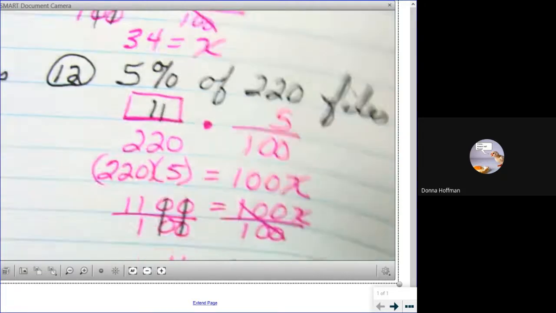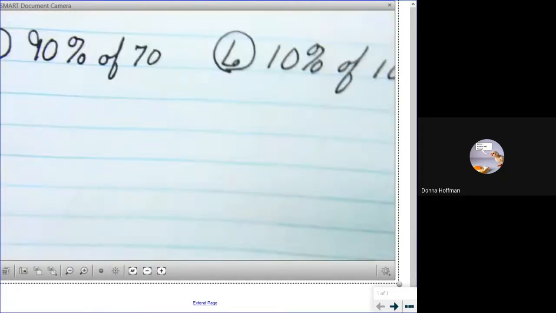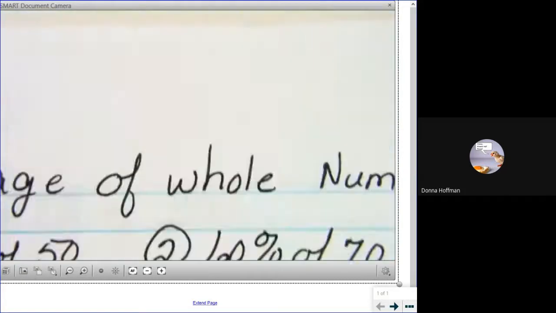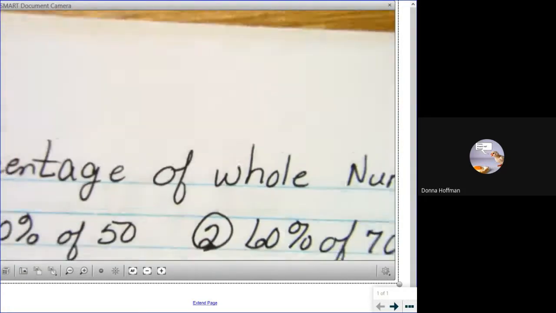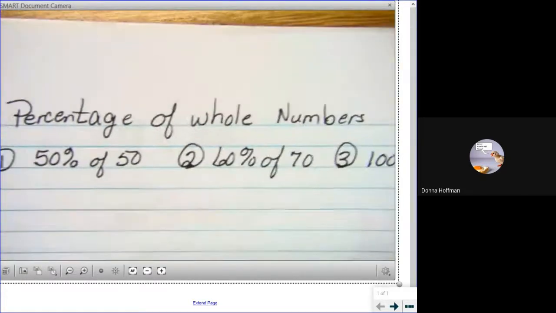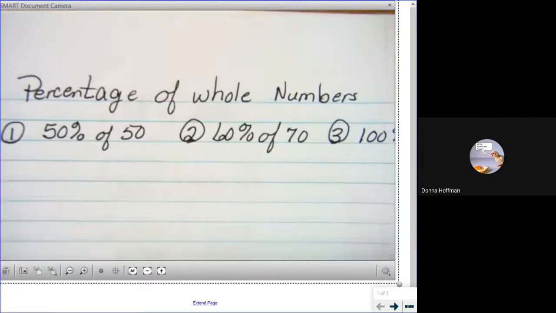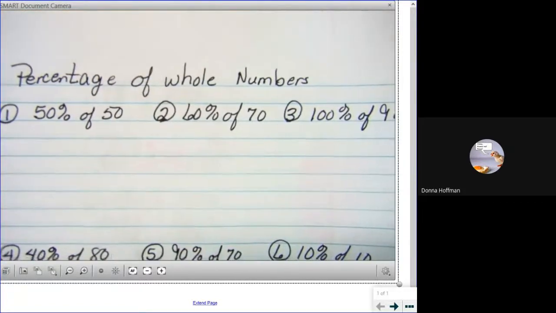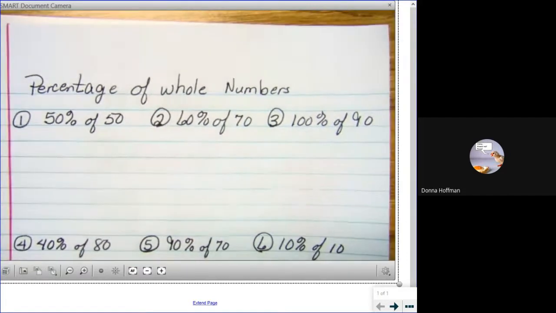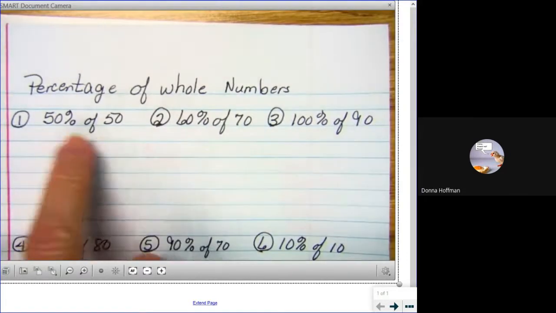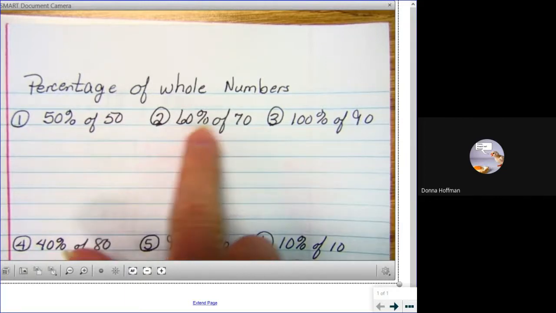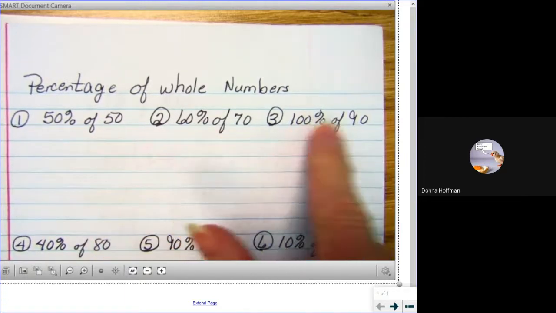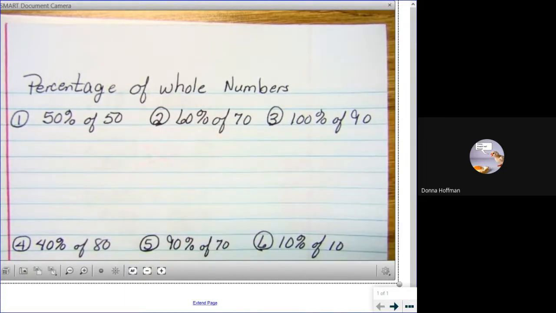Got it? Okay. So at the top of your page, I want you to title this percentage of whole numbers. And you notice I've got 3 problems across the top, right? 50% of 50, 60% of 70, and 100% of 90. We're going to talk about these problems specifically.